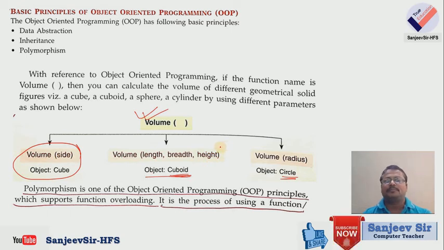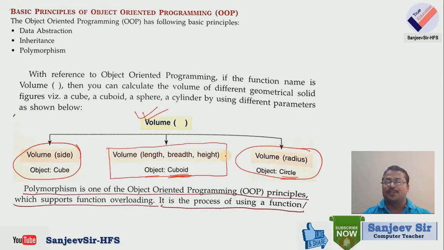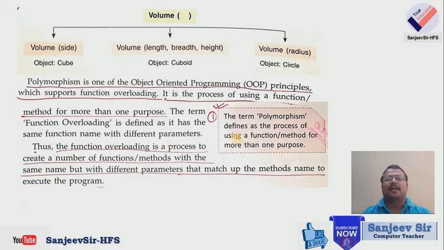When we write in a program functions with the same name but different characteristics or tasks, that is function overloading. Function overloading is the process of creating a number of functions or methods with the same name but with different parameters, matched with the method name to execute the program.